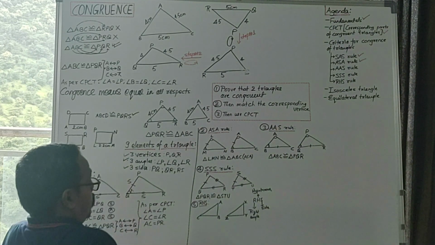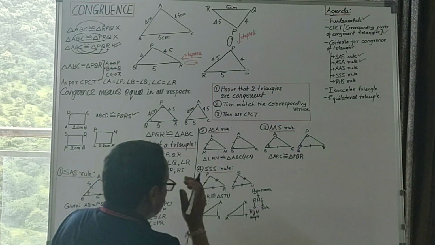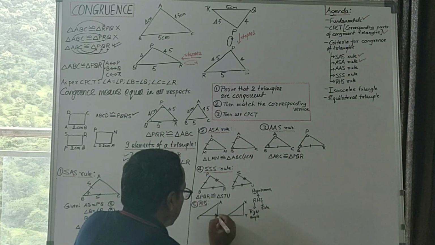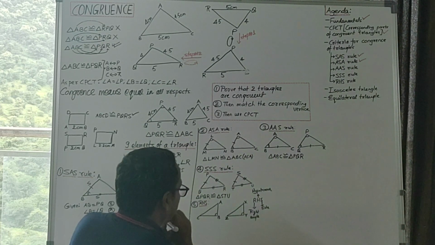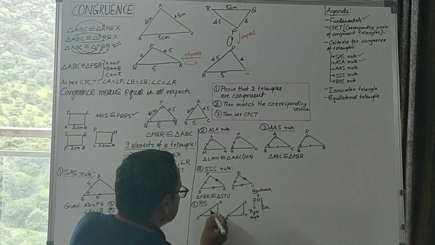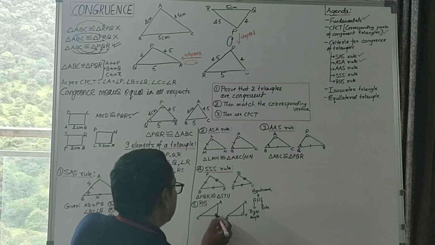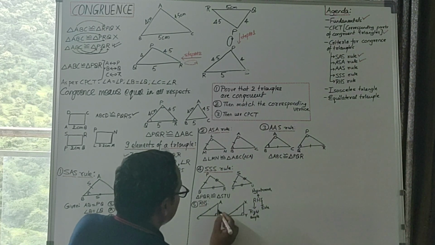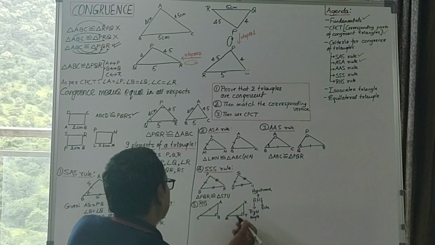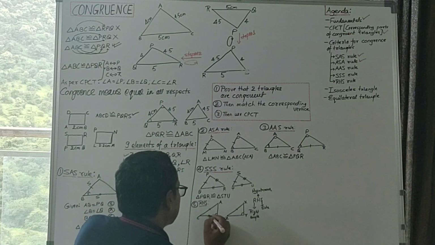So how can it be proved? It means that if angle B is 90 and angle Y is 90, and the hypotenuse is the side opposite to the 90 degree angle, this hypotenuse is equal to this one. And apart from that, any one of the sides is correspondingly equal, so you can say this side is equal to this.